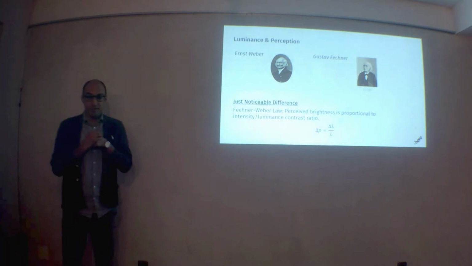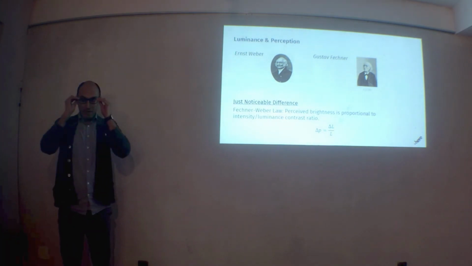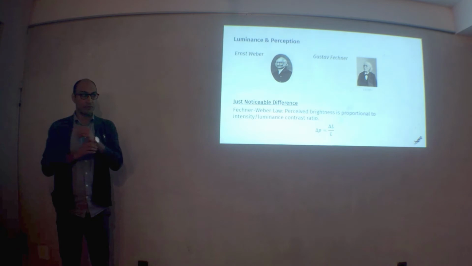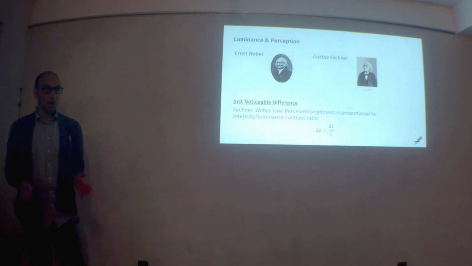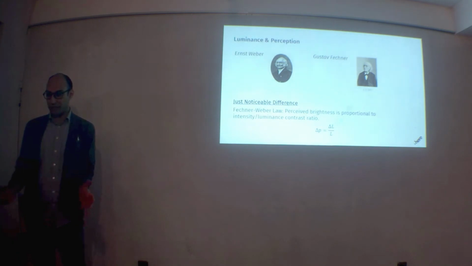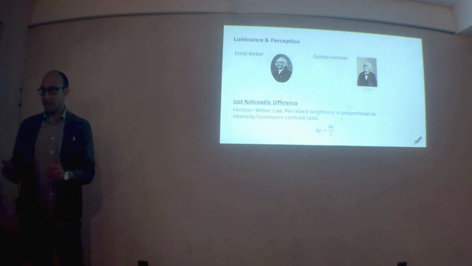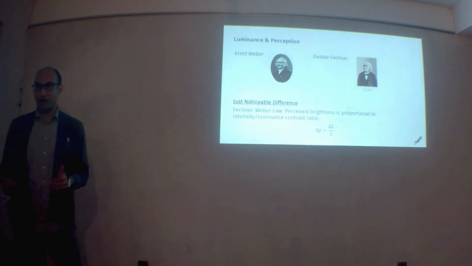So Weber was one of these amateur, maybe semi-professional scientists like you had in the 19th century, and he did experiments on how people perceive stimuli. Like weight: I give you a 100 kg weight, and how much more weight do I have to add so you feel the difference, or register a difference?